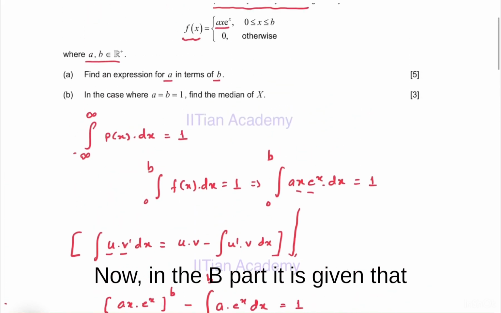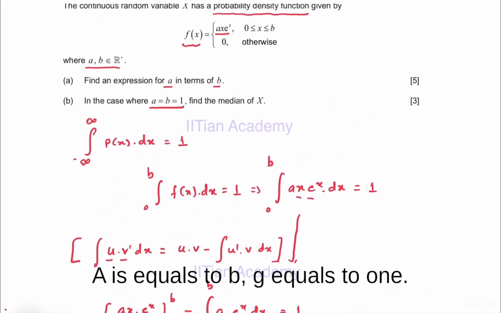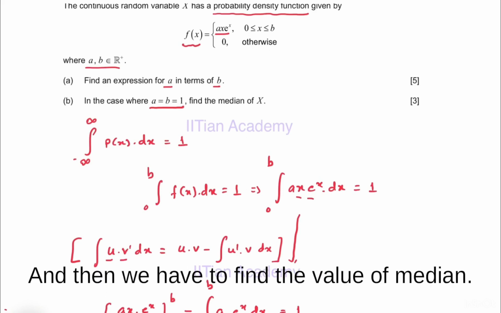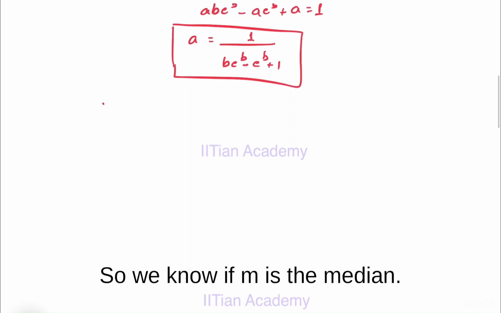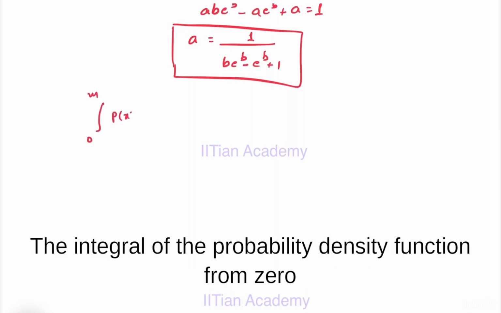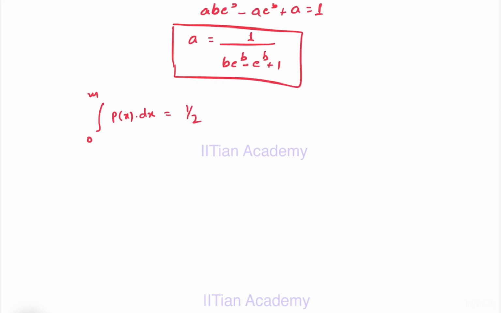Now in the b part, it is given that a is equal to b is equal to 1, and then we have to find the value of median. So we know if m is the median, the integral of the probability density function from 0 to m comes out to be 1 by 2.